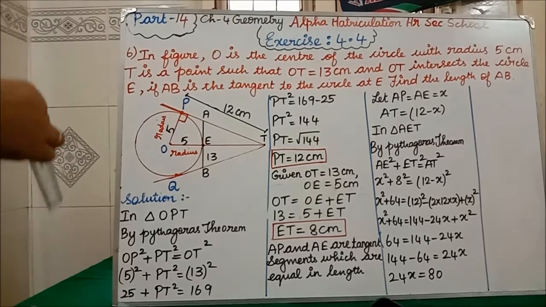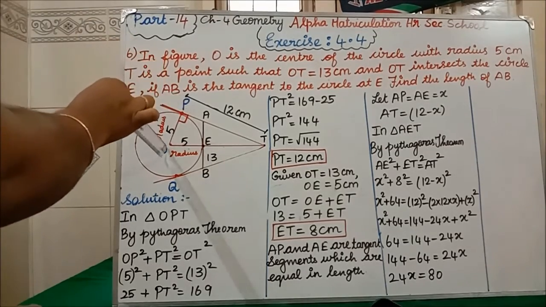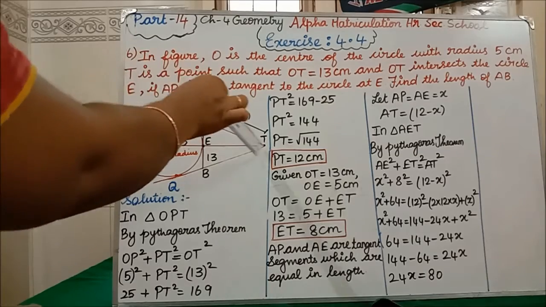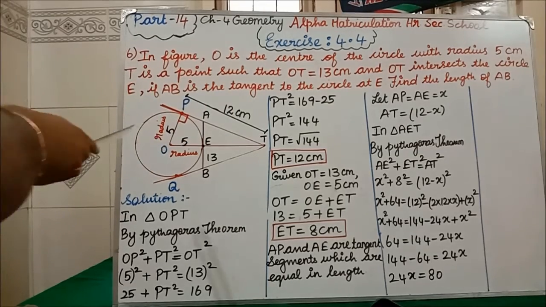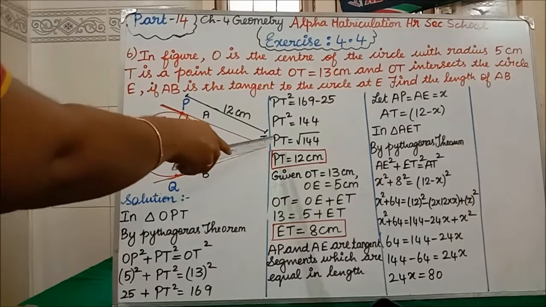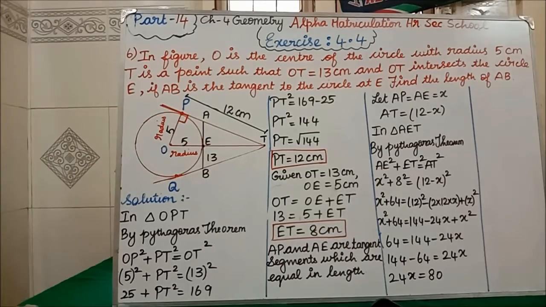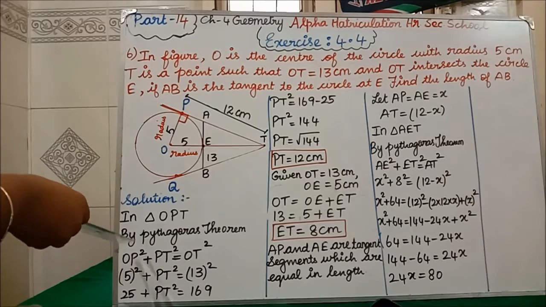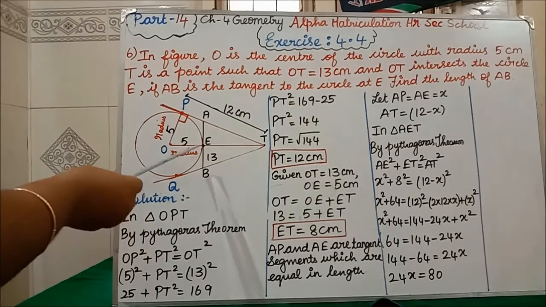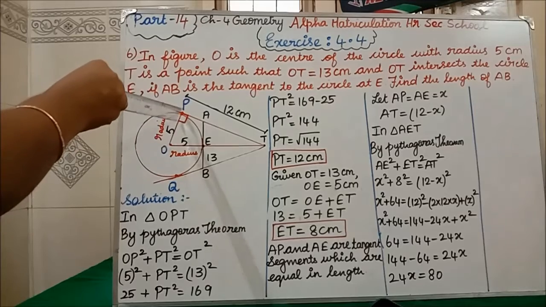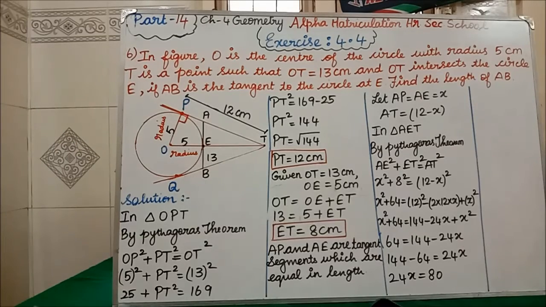First we are taking the triangle OPT. What triangle are we taking? OPT. By what theorem are we applying? By Pythagoras theorem, because we know the radius and the tangent are what? Perpendicular.